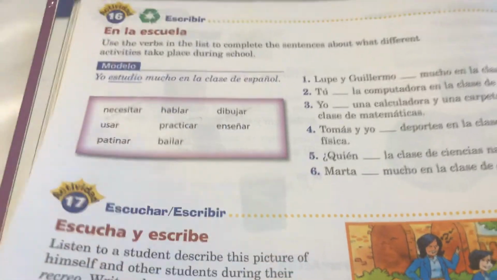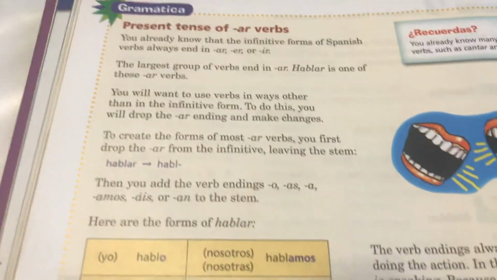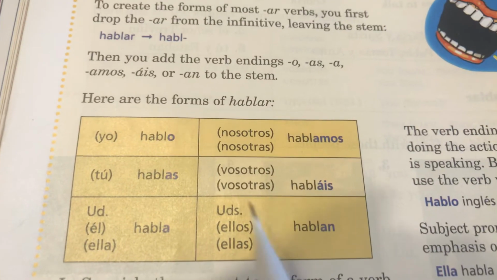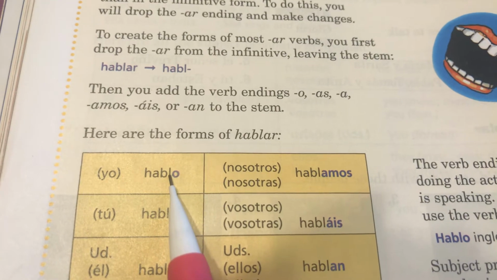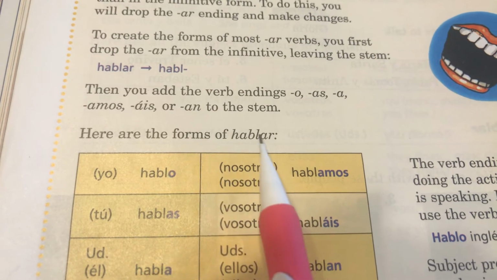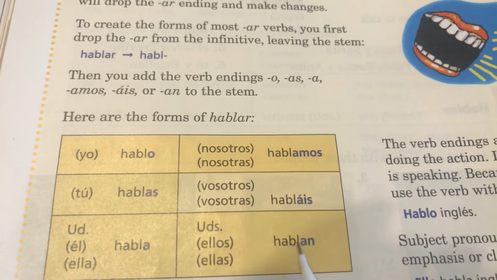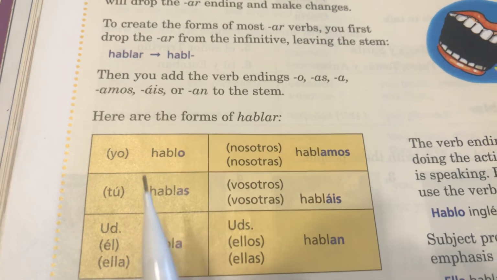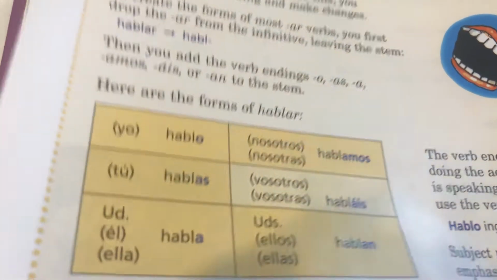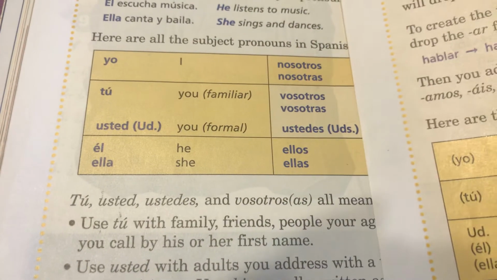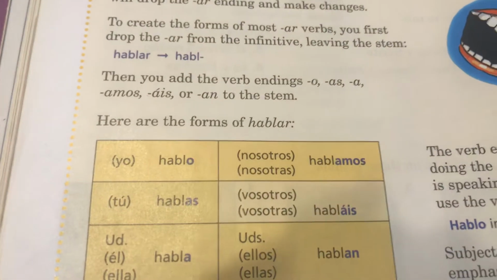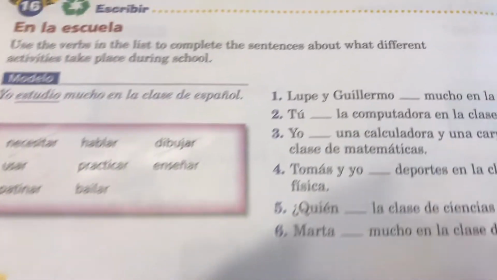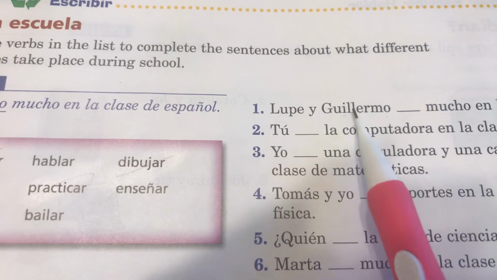So that's how they teach you. On page 84, we see the forms of hablar. These are all of the forms. In the yo form, the tú form, and remember, if you forget what yo, tú means, it's on the previous page. So which form are they using in the sentence? It's Lupe y Guillermo.